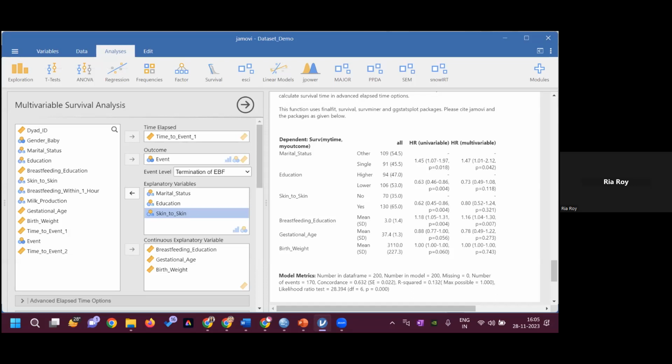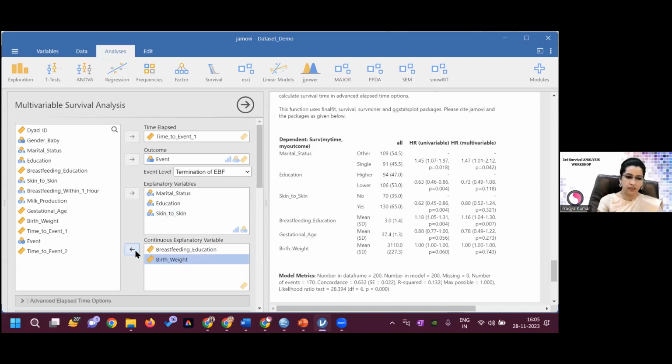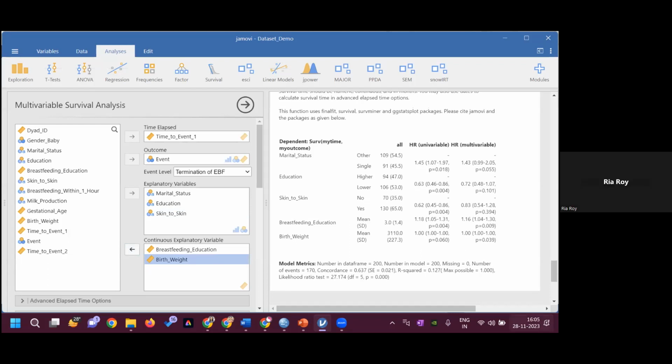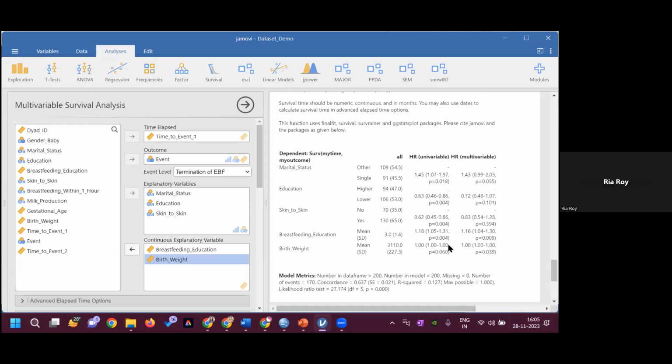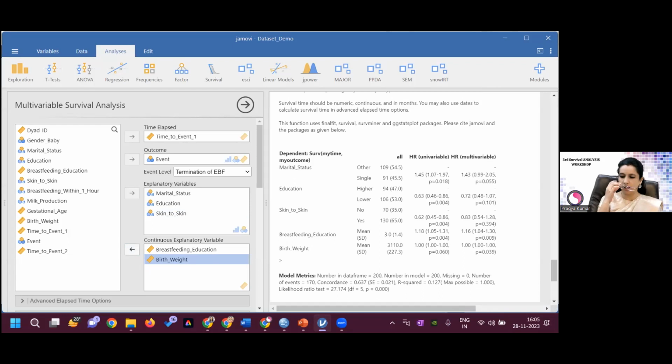Yes. One thing is that due to multicollinearity, you said that we can choose either gestational age or birth weight. Yeah. Actually, if you remove one of them, the other becomes significant. Yeah, thank you, Ria. That was my next step, but thank you. Yes, you are right.